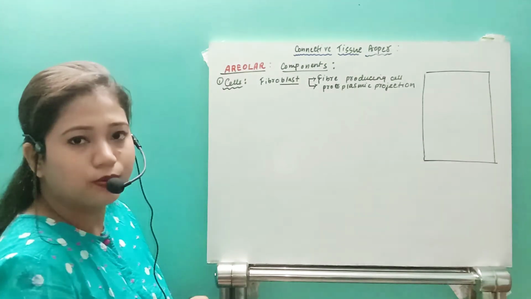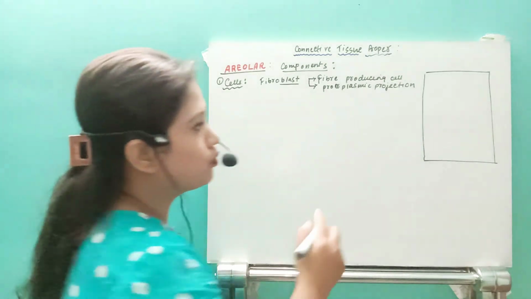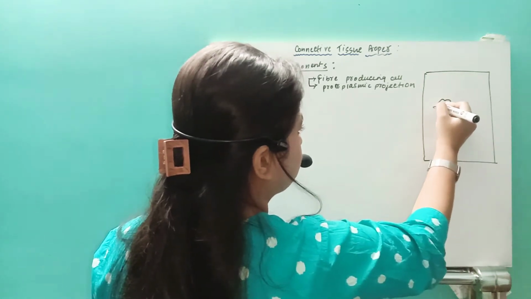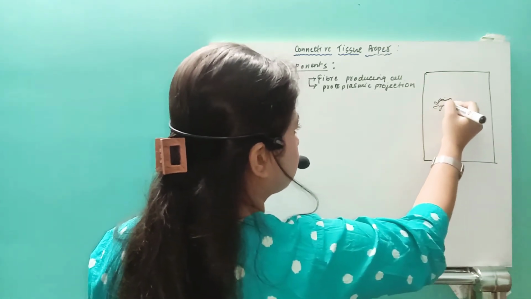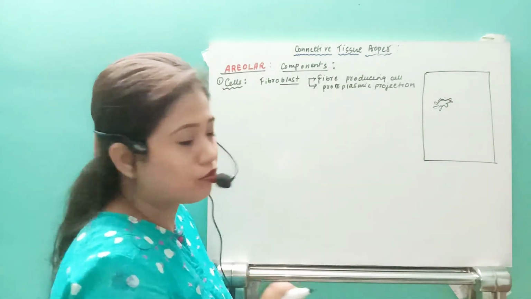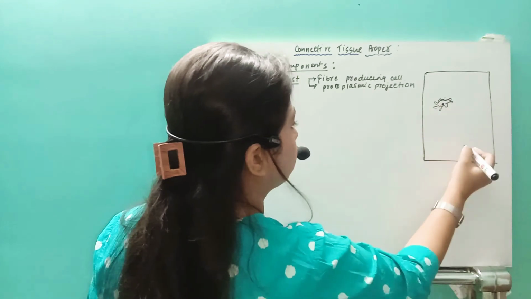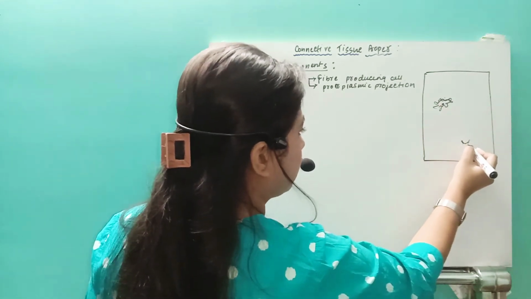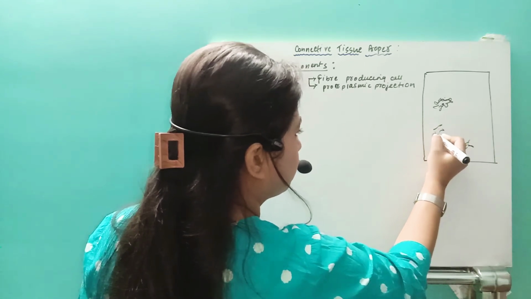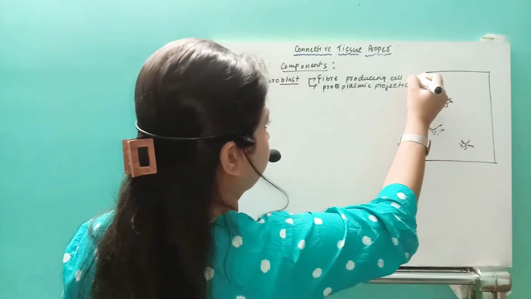So how does the fibroblast look? See, this fibroblast will look like this, with an irregular surface area. This is actually some protoplasmic projection from where the fibers are produced. So it will be like this. These are the fiber producing cells, the fibroblasts.